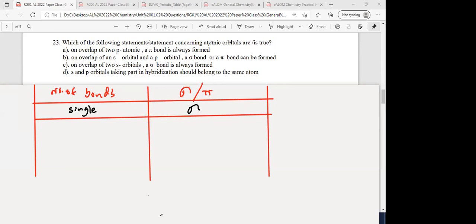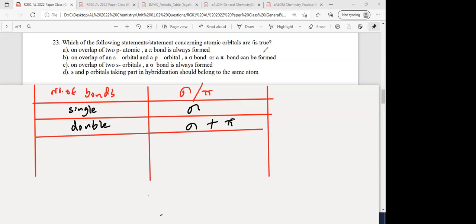Second one, when there's a double bond, one is sigma and the other one is a pi bond.